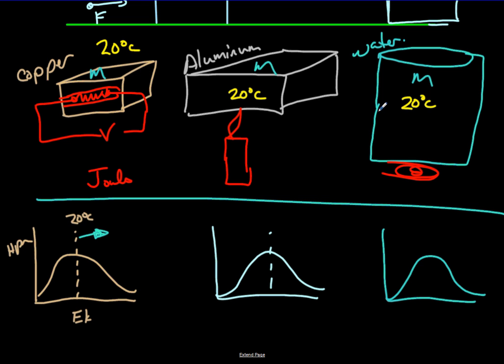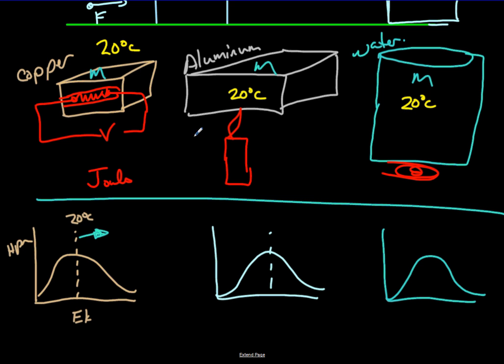Water has the lightest particles, so there must be more of them, right? There's also the concept of density, so it's not just about the number of particles, it's how close those particles are together, right? And we'll also notice that these are solids and this is a liquid, so they're in different phases. So there's a lot of variability here between these things.